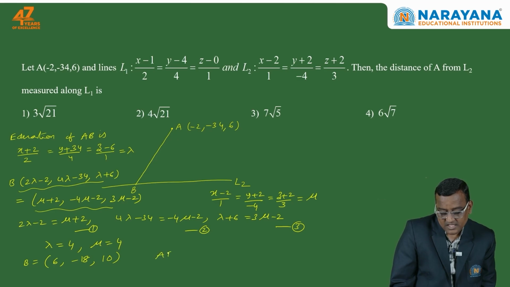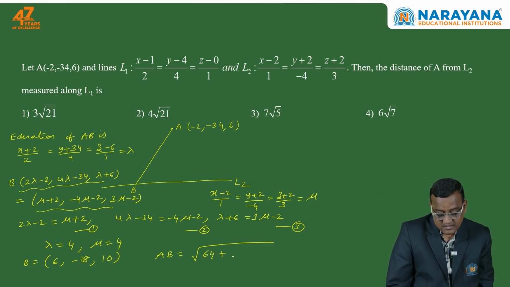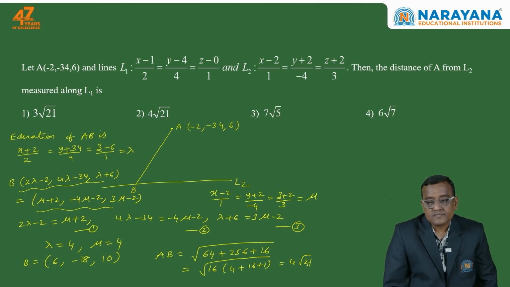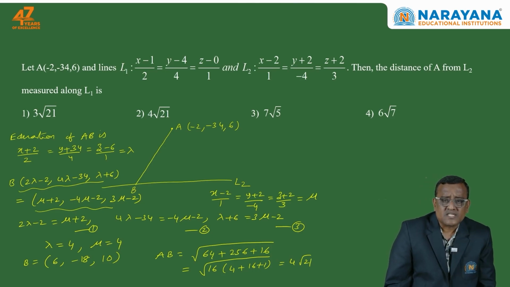Now the required distance is AB, the distance between A and B, that is square root of (minus 2 minus 6) whole square plus (minus 34 plus 18) whole square, that is 16 square, and (6 minus 10) whole square, that is 16. So you can take 16 common, it is 4 plus 16 plus 1 under root. So this is 4 root 21. So the distance of A from L2, measured along L1, is 4 root 21. That is option 2 correct here.